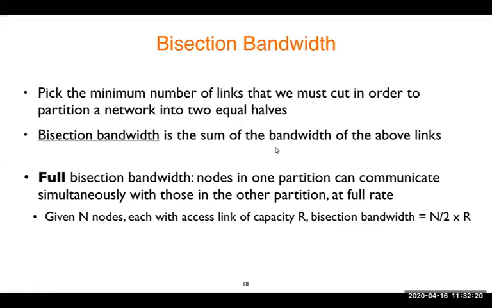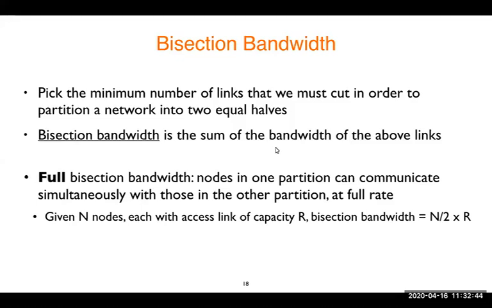So when we talk about full bisection bandwidth, what we're saying is that the bisection bandwidth should be such that all the nodes in one half, in one partition, can talk to all the other nodes in the other partition simultaneously at full line rate. Okay, so I took n nodes in a graph, I divided it into n by 2. So each partition has n by 2.